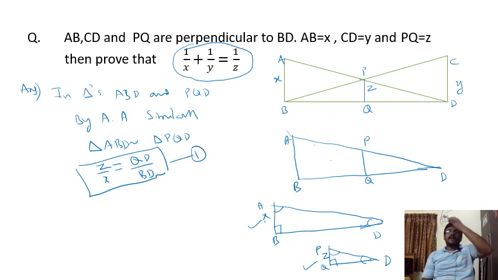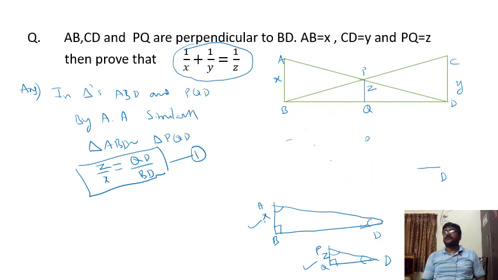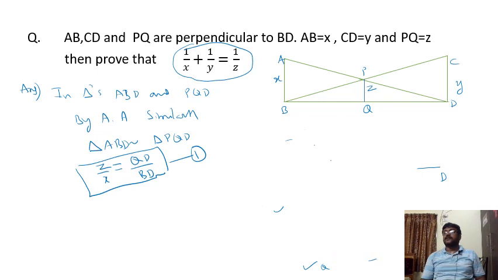In the same way, if I change my perception to the other side, this is the big triangle that I have here, B, D, C, and the small triangle.